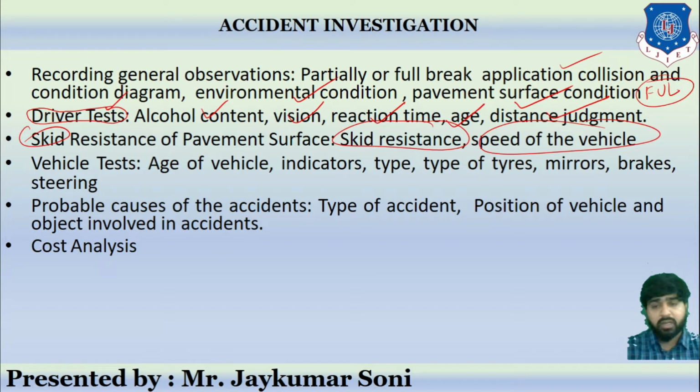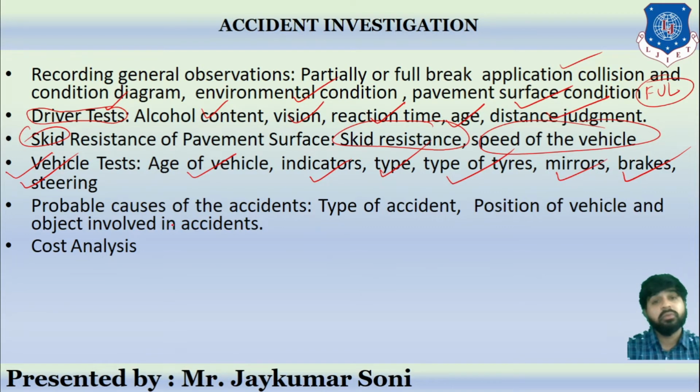Apart from this, certain vehicle tests are to be conducted to know the age of the vehicle, whether the indicators are working or not, what type of vehicle it is, what type of tire is there, whether the mirrors are workable, whether the brakes were workable, and whether the steering was workable or not. So this is the vehicle test part of accident investigation.